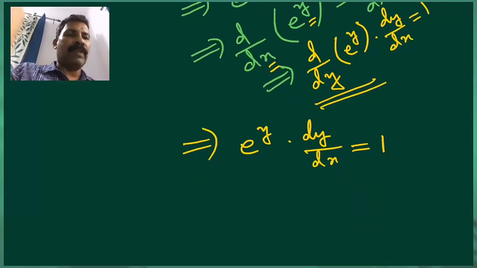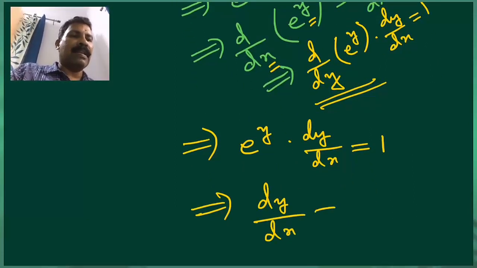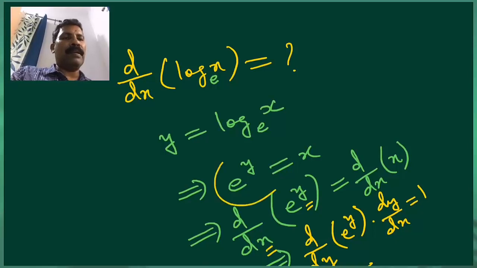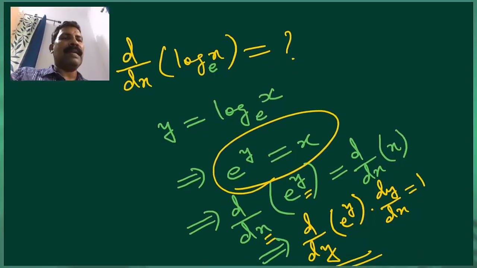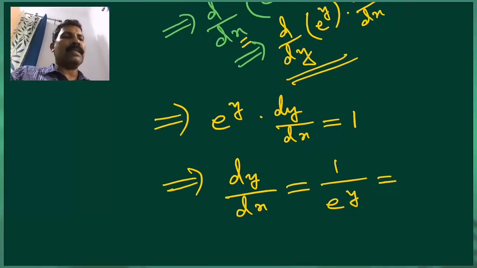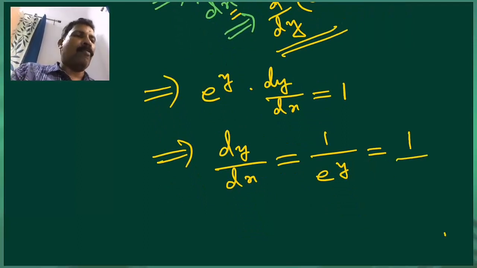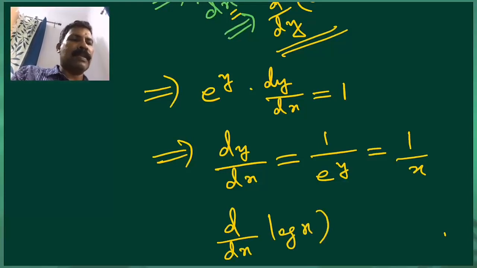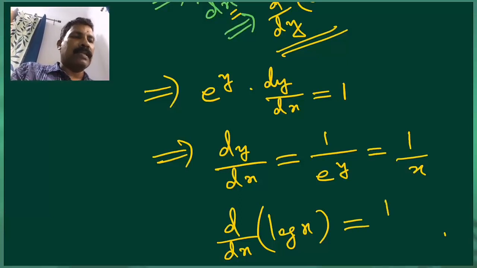From this we can write dy by dx equal to 1 by e power y. And e power y is nothing but x, so you can have 1 by x. So that is the derivative of log x. Log x means, I told you, to the base e, that is understood, and it is equal to 1 by x.